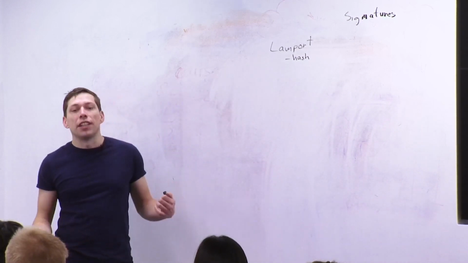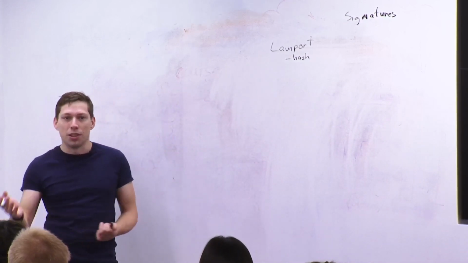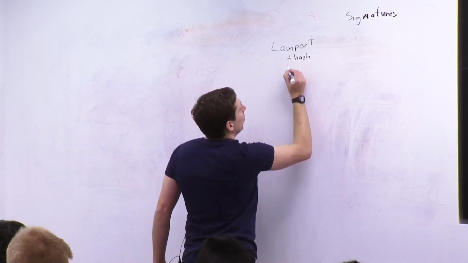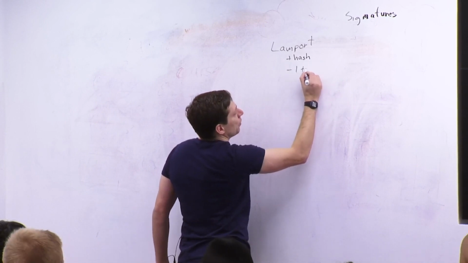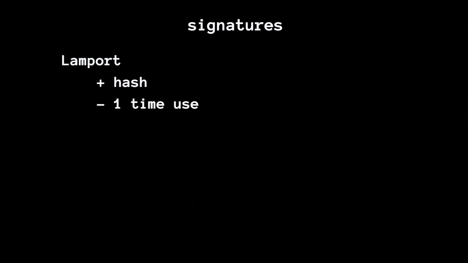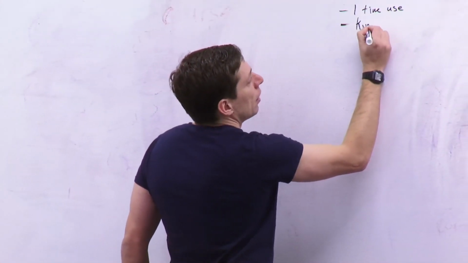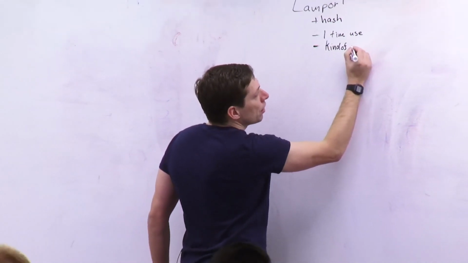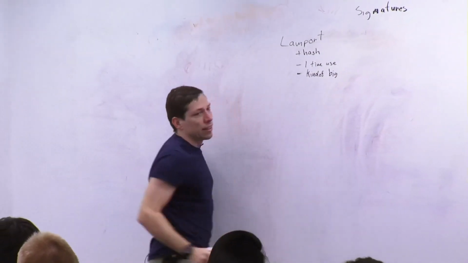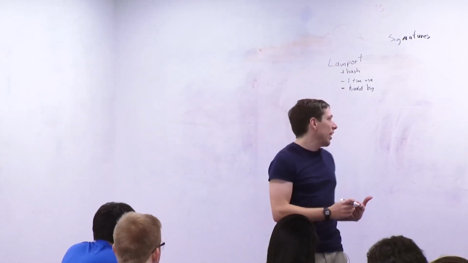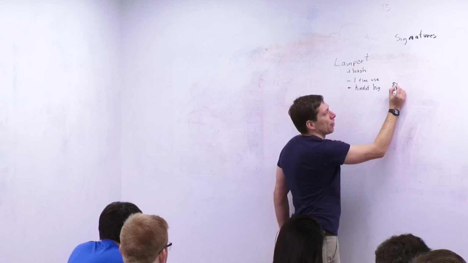What are some disadvantages of these Lamport signatures? Plus, it's hashes, that's cool. One-time use. Other possible disadvantages relative to other systems, if you're aware. Another is they're kind of huge. If you were looking in the Forge or that file with the signatures, it's like 8 kilobytes for a signature.